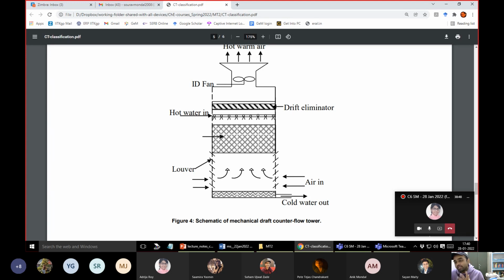So the heavy unit on the top will be more susceptible to vibrations, and there are issues of stability on the structure. Right, so that is one of the big differences, in terms of advantages or disadvantages, between the induced and the forced draft.